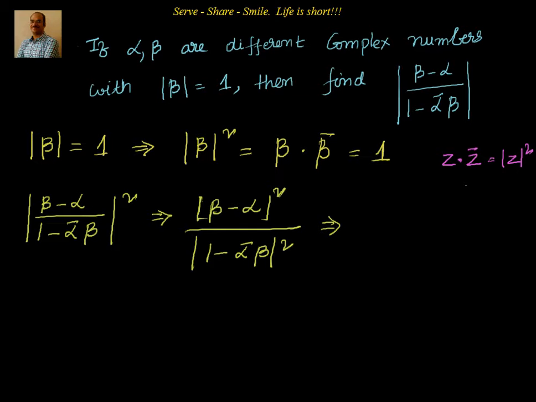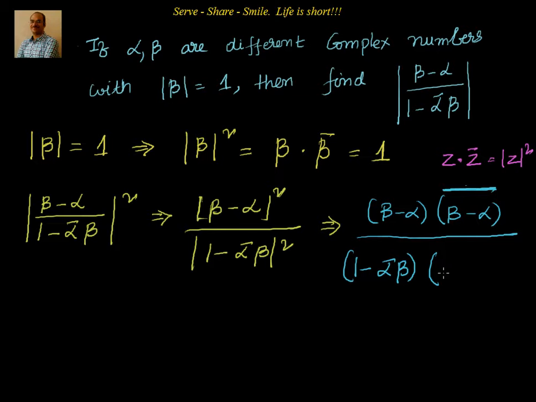Now we will leverage the property we have just learned, and write this as (beta minus alpha) multiplied by the conjugate of (beta minus alpha), divided by (1 minus alpha conjugate into beta) into the conjugate of (1 minus alpha conjugate beta). Now our complex number itself is a combination of complex numbers. So when you want to find the conjugate, you have to go to each complex number inside and make it a conjugate to get the conjugate of the whole complex number.